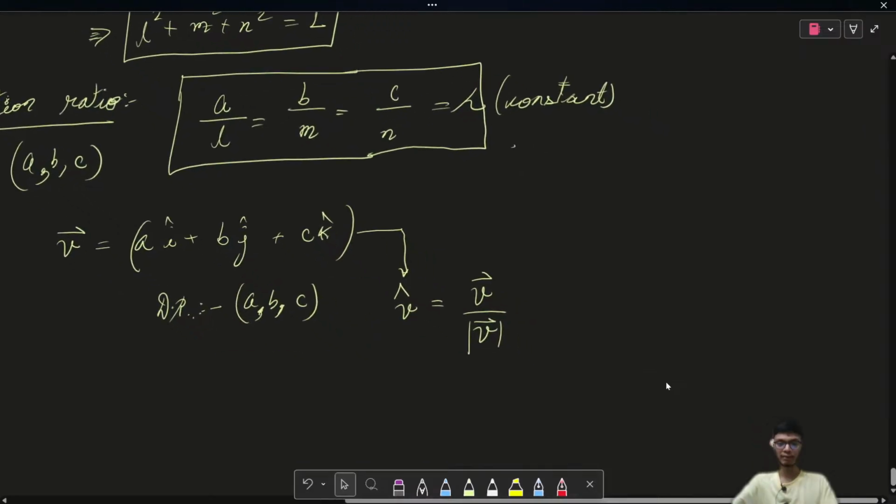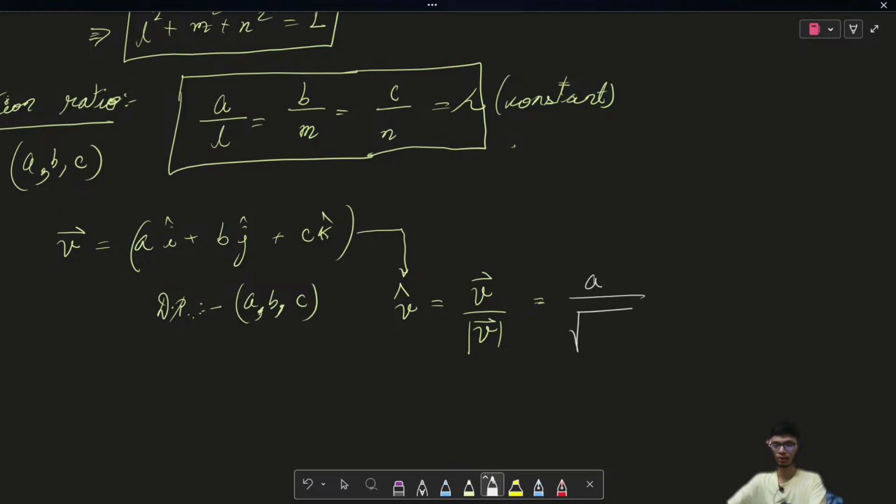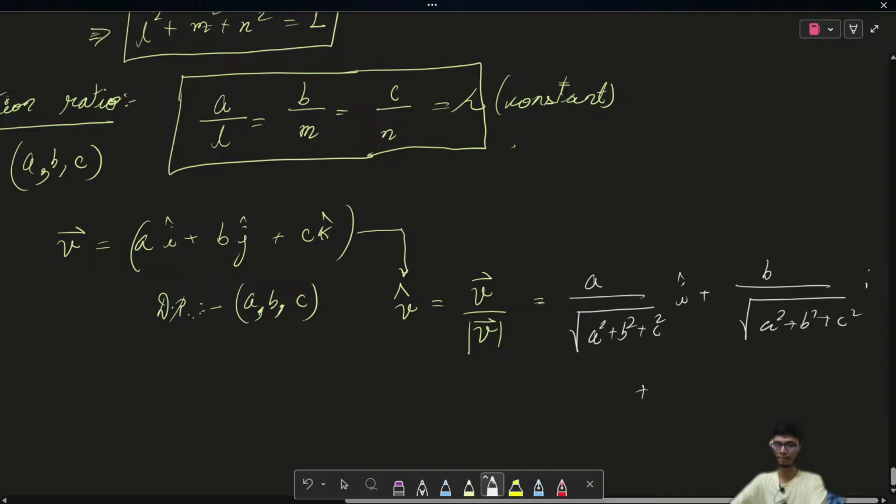If I do that, I obtain a upon square root of a square plus b square plus c square i cap, plus b upon square root of a square plus b square plus c square j cap, plus c upon square root of a square plus b square plus c square k cap.